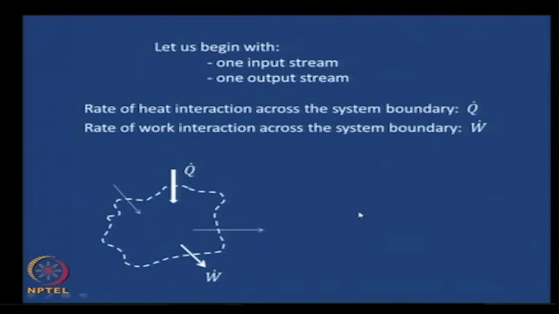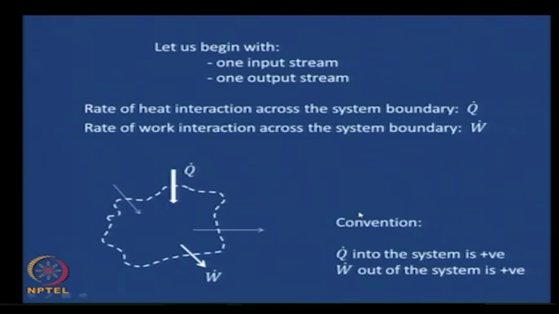As we all know, there is a convention to be followed, and the convention that we are following in this course is that the Q, the heat interaction into the system, is positive and the work interaction out of the system is positive. So as written, both these are positive.